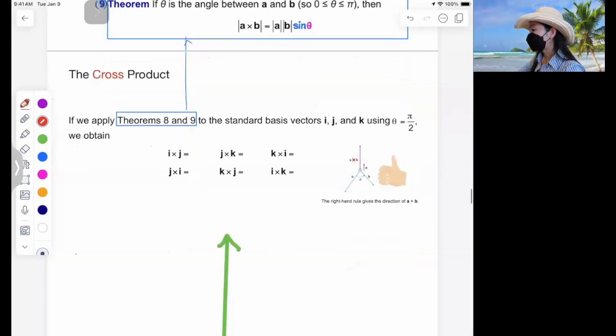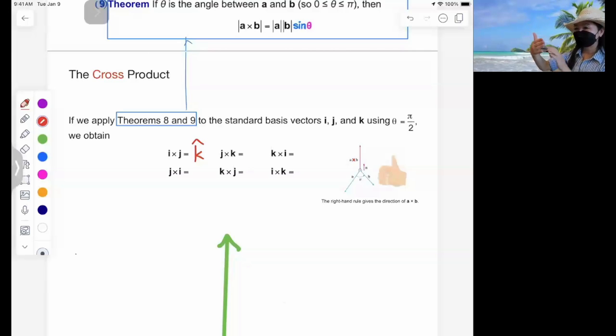Now let's try i cross j. What do you get? K, yeah, you got it. That's equal to k. Here is i, and then you curve to j, and that will be k. It will go this way.